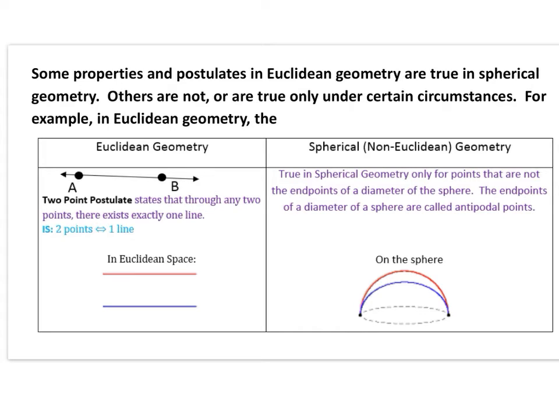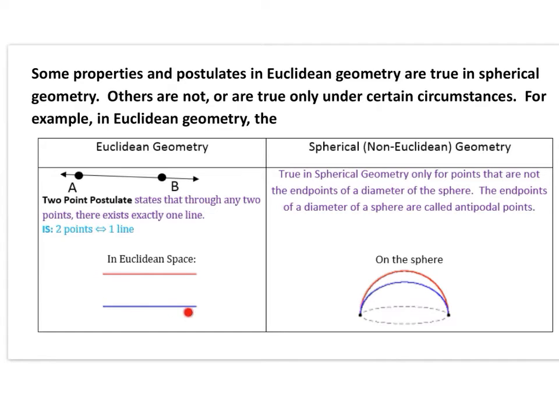Now, some properties and postulates in Euclidean geometry are true in spherical geometry. Others are not, or are true only under certain circumstances. For example, in Euclidean geometry, the two-point postulate states that through any 2 points there exists exactly one line. Our implied statement, shortened down: 2 points imply one line.